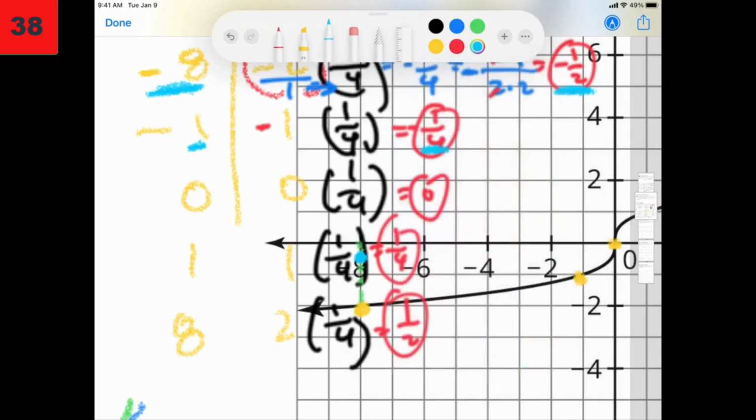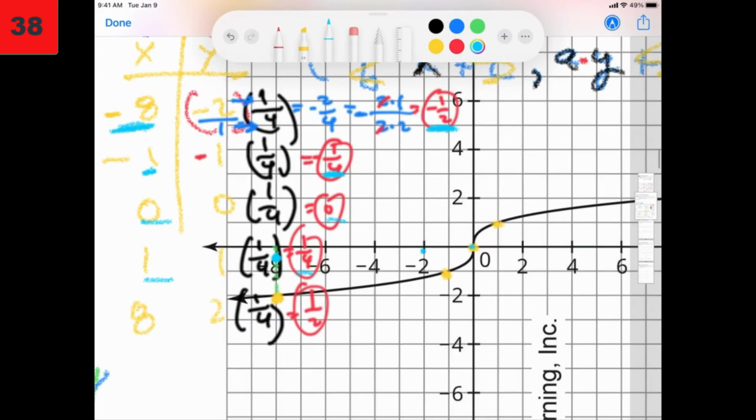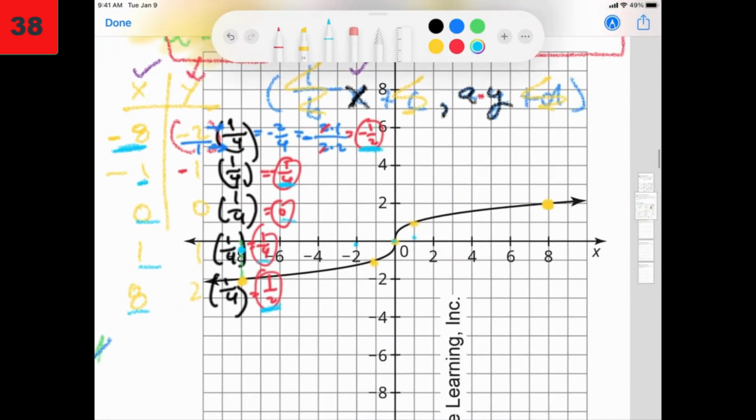So -0.25, so that's even smaller. And then 0, 0, 1, 1/4, so write 1 and then 25 cents. And then 8, 1/2. 8 and then 1/2.